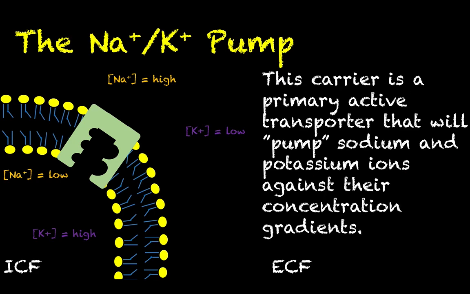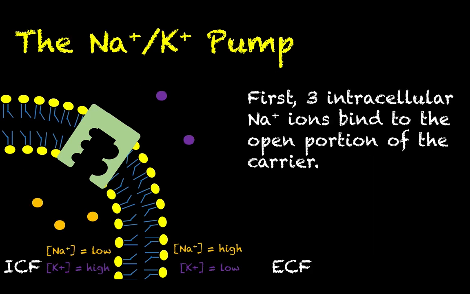So this sodium-potassium pump is a carrier that is going to pump sodium and potassium ions against their concentration gradients to make sure that we always have a high concentration of sodium in the extracellular fluid and a high concentration of potassium in the intracellular fluid. Most cells in the body have this pump, so that underlies its great importance.